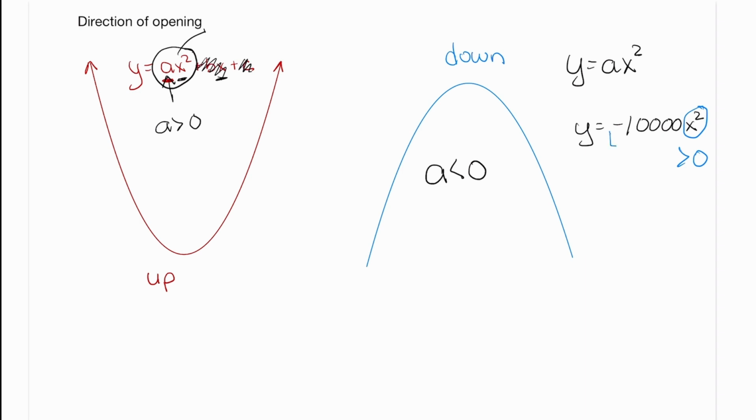So then this value here is what determines that y is going to be negative. So here, as x gets big, y is going to get really negative. So the takeaway from this is that if your a value is greater than 0, it opens upwards. If your a value is less than 0, it opens downwards.